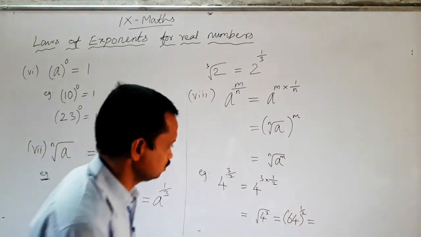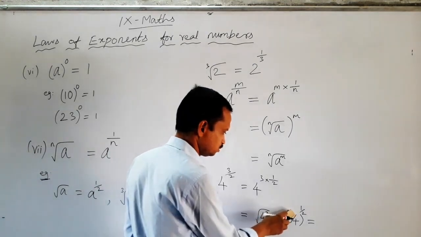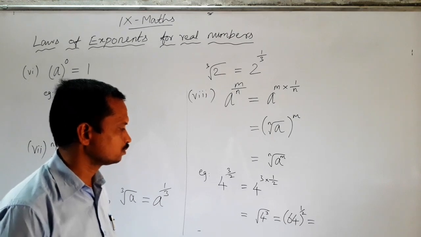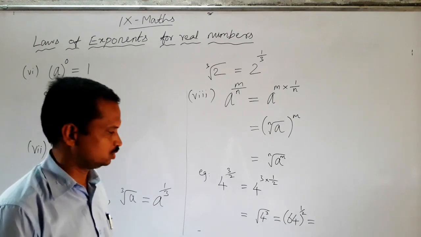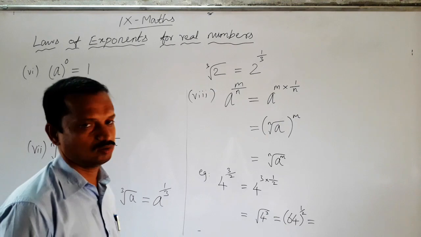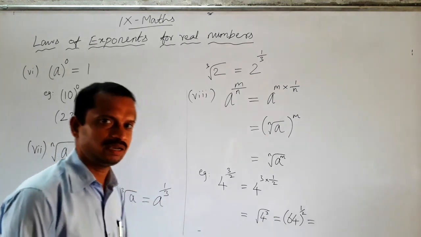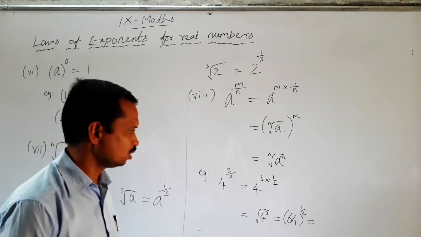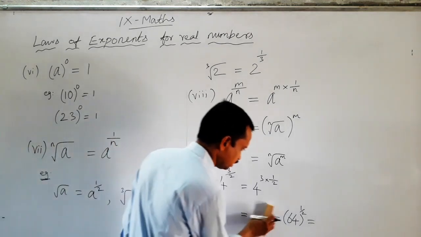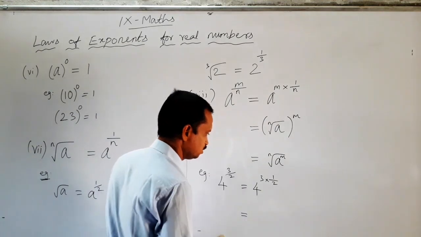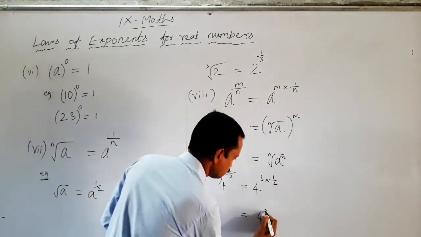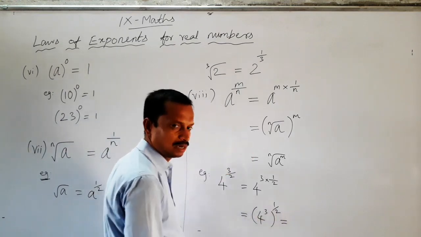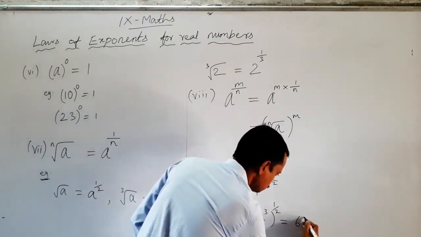If you want to find the solution, square root of 4 cube, and then 4 cube is 64. 64 whole to the power 1 by 2. Again the square root we can write in exponent form, that is 64 whole power 1 by 2. Otherwise we can write this directly as 4 cube whole to the power 1 by 2. This is nothing but 64.